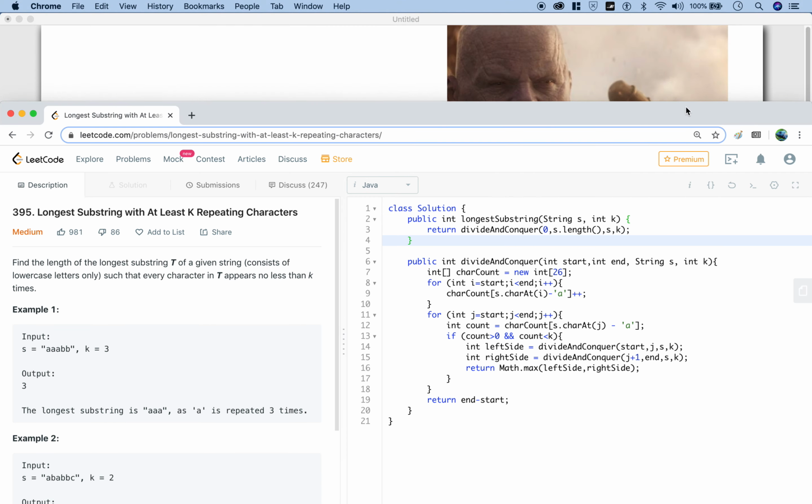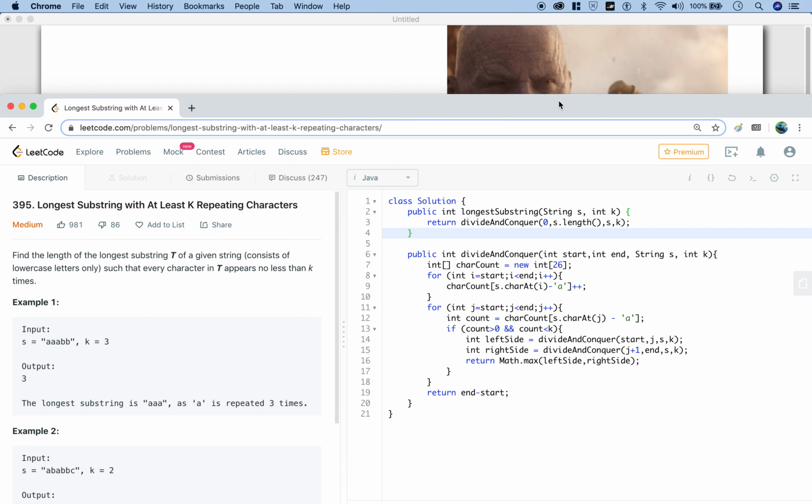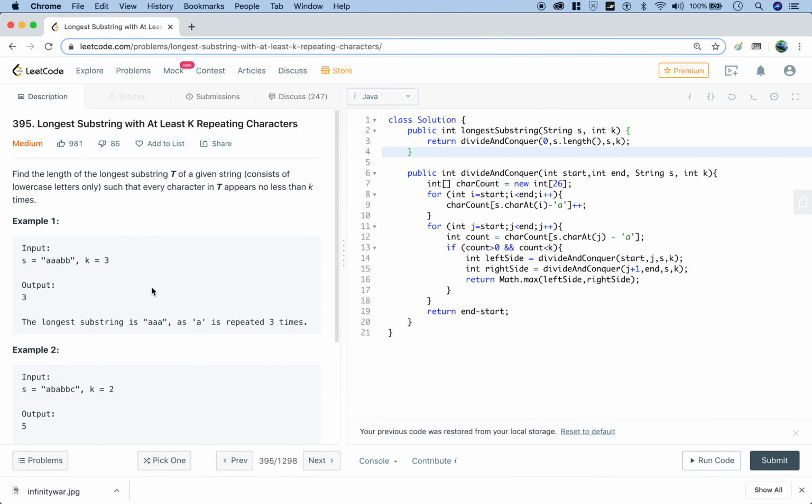Since we're talking about strings and substrings, you might imagine breaking the problem would involve creating 2 smaller substrings from a string. For example, AAABB could be broken down into AAA and BB.